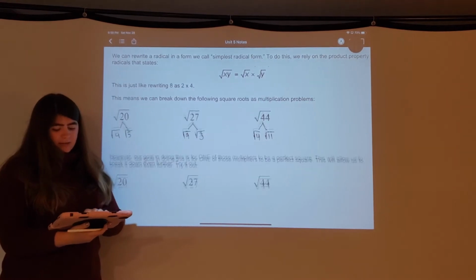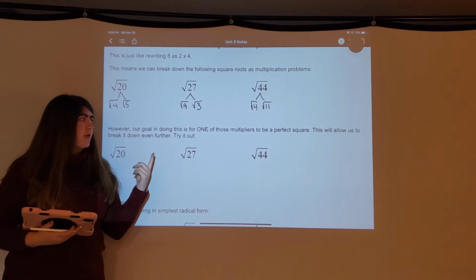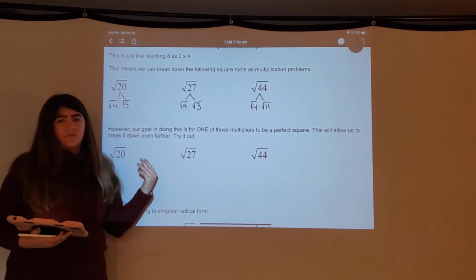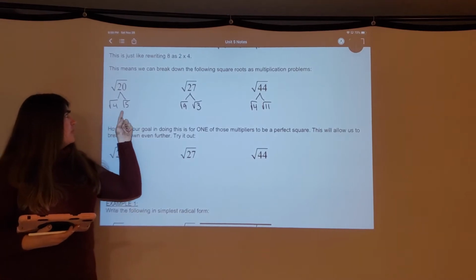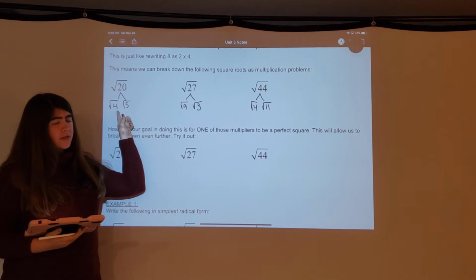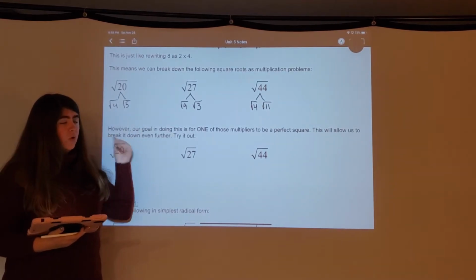Alright, so next it says, however, our goal in doing this is for one of those multipliers to be a perfect square. This will allow us to break it down even further. So if I take 4 and 5, the square root of 4 is a perfect square because it breaks down into a whole number.